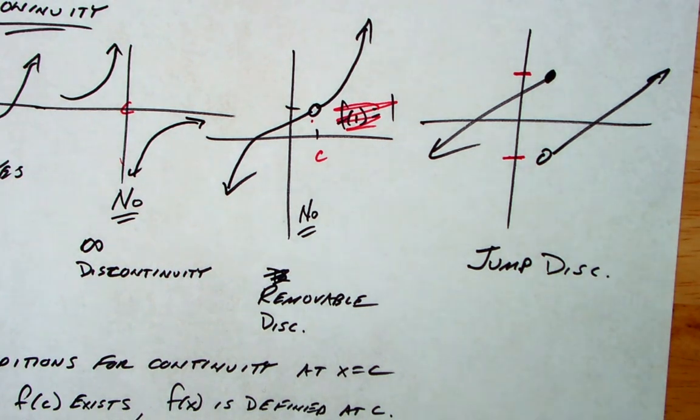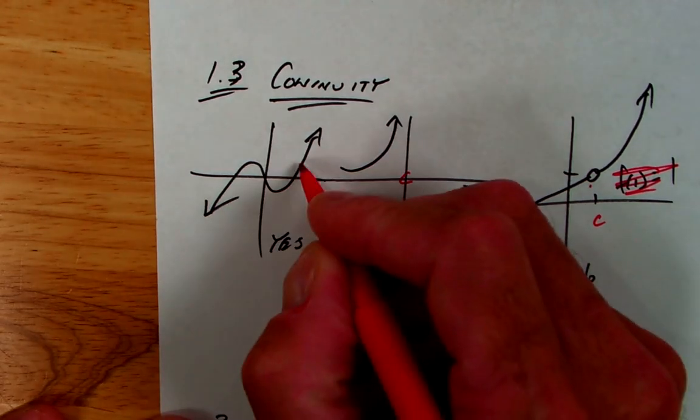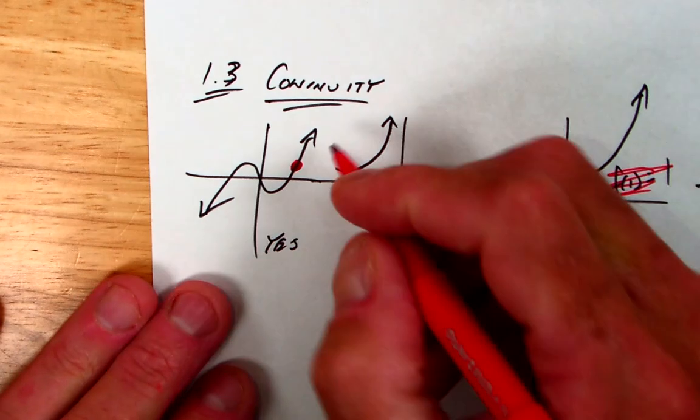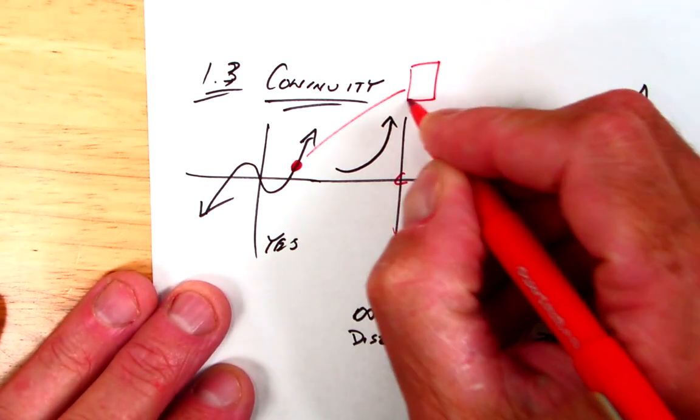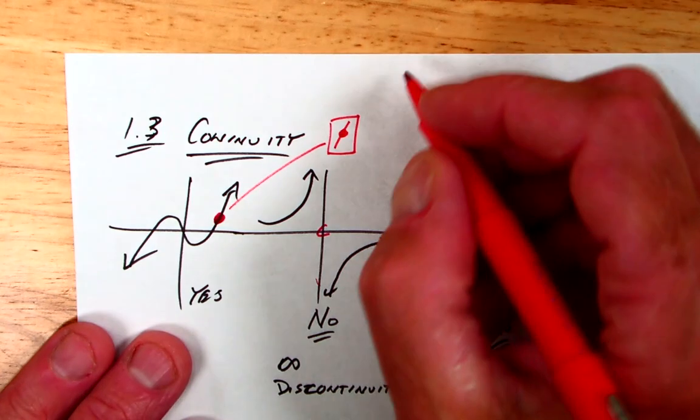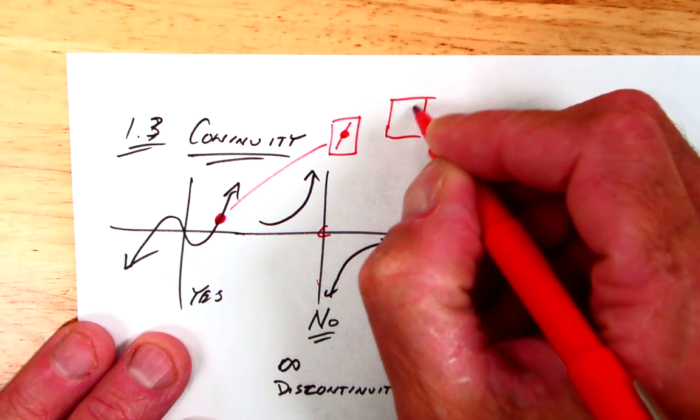Now, here's what they say: the limit exists. Let's define what a limit really is in layman's terms, just introductory terms. You guys know with your graphing calculators, you can zoom in and zoom in and zoom in, right? Like on this point right here, if I would zoom in, I'm going to draw some pictures up top, it would look like this. If I'd zoom in some more, it would look like this.